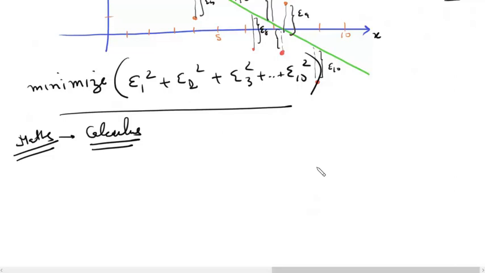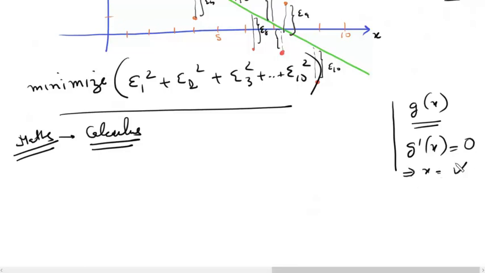So let us do the same here. From high school we have learned that if we have to minimize a function g of x, we take the first derivative of the function and make it equal to 0, and then we solve for x, and whatever x we get, that is the point where this function is minimum. So that's what we'll be doing here.